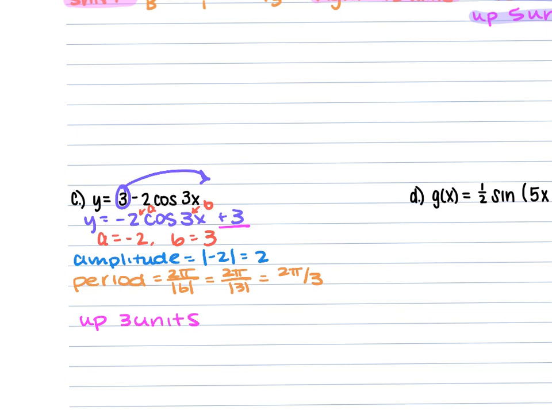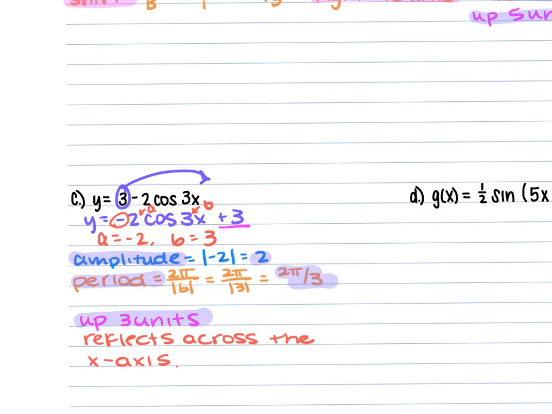And then we also have the negative in front, which tells us that we have a reflection. So this reflects across the x-axis. So for these, your amplitude is 2. Your period is 2 pi over 3. We're going up 3 units, and we have a reflection across the x-axis.